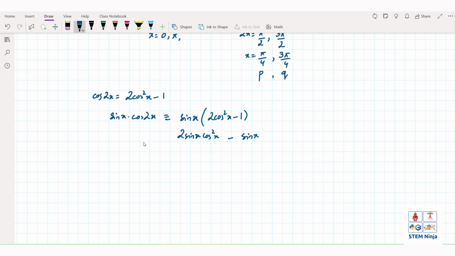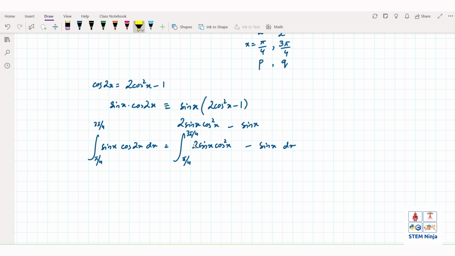So the integral of sine x cos 2x dx would be like integrating this expression 2 sine x cos squared x minus sine x dx from pi by 4 to 3 pi by 4.